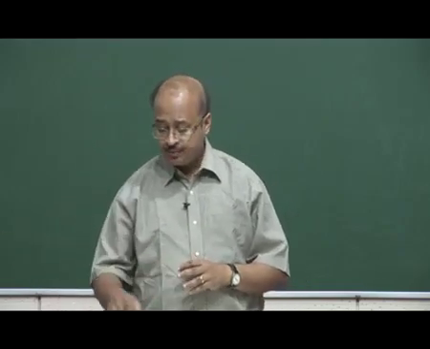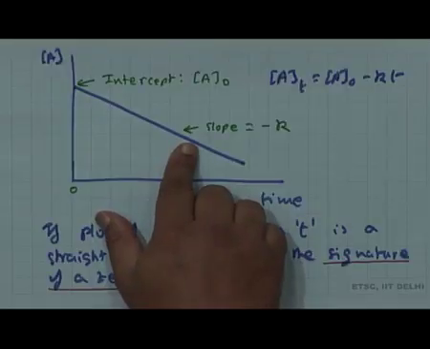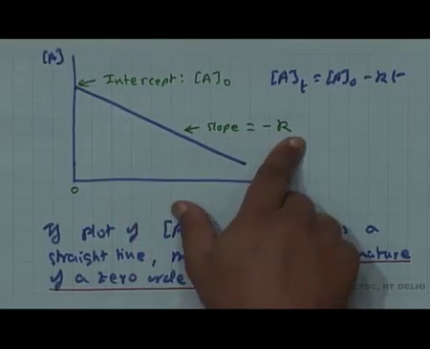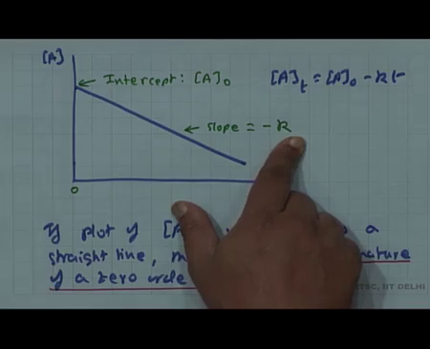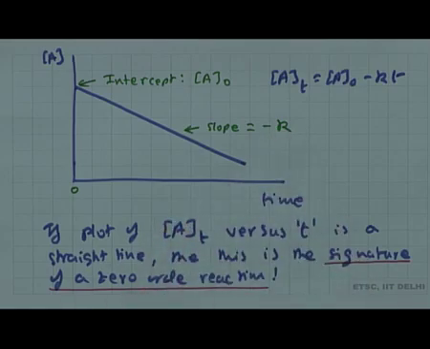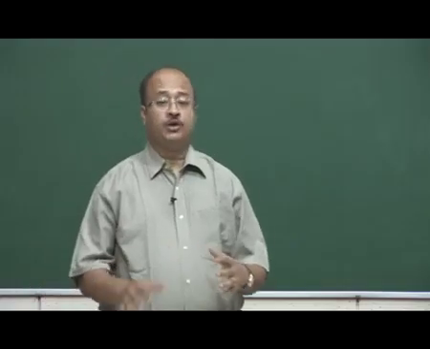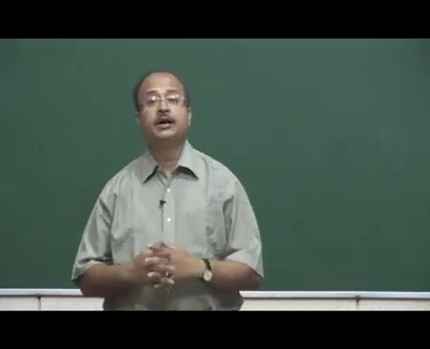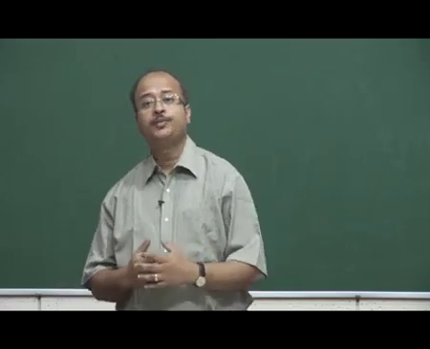And as I said, the slope being negative, it is equal to minus k, and hence you get k, which is a positive value, the rate constant. So, that was about the integrated rate expression and the plot.